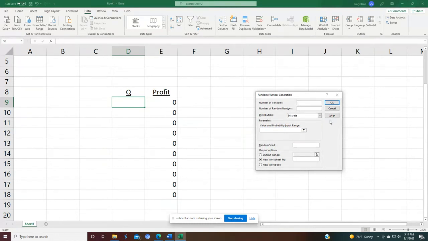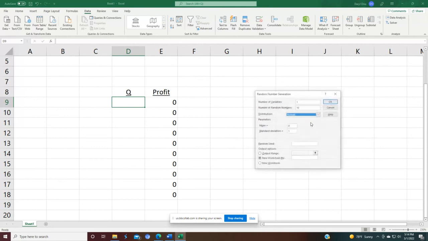How many variables do I want to choose? In this case, it's only one, Q, but you can choose a whole lot in real life. So we're only going to choose one. How many of these are we going to do? We want to do 10 of these. What type of distribution are we going to run?